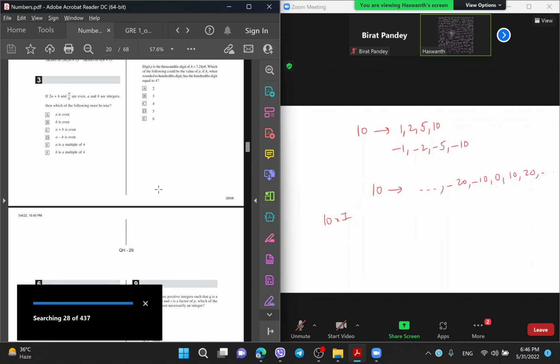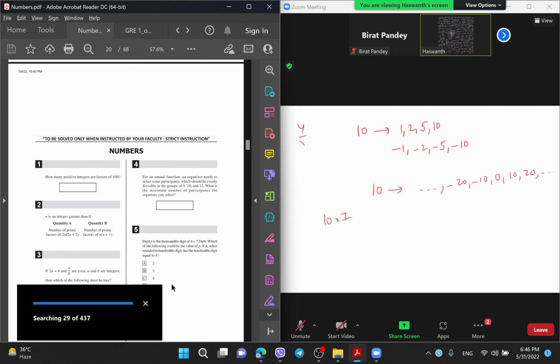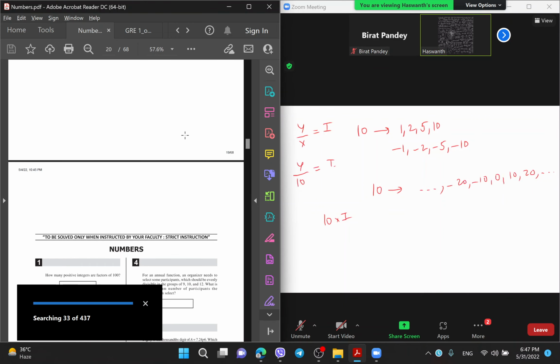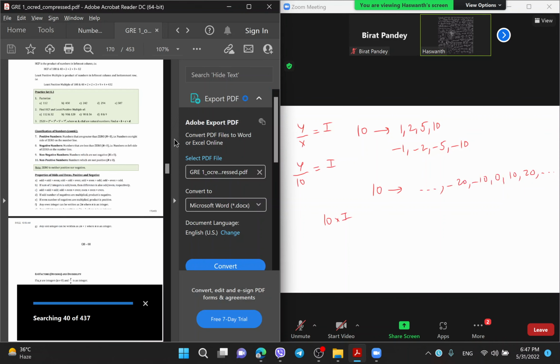If y by x gives us an integer, we say y is a multiple of x. Similarly, if y by 10 gives us an integer, we say y is a multiple of 10. So y will be of the form 10 into some integer. So there are infinite multiples of 10.